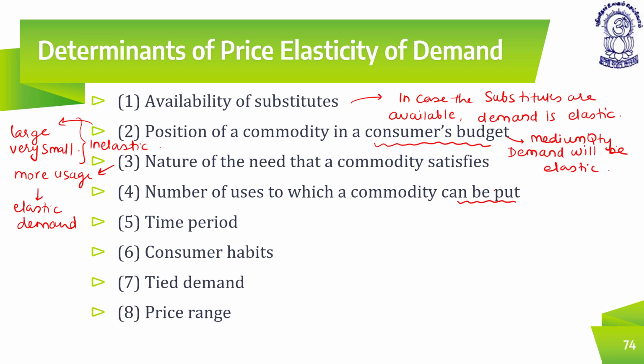If the commodity has more number of usages, elastic demand. Next, time period: long time period, elastic demand. Short time period, inelastic demand.